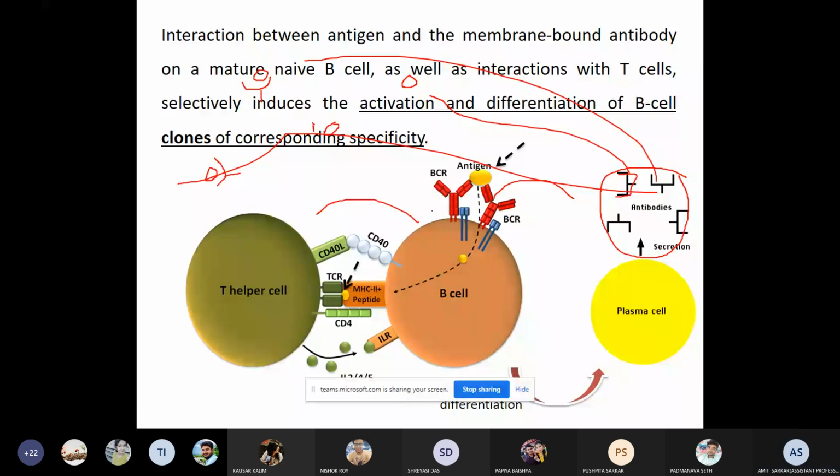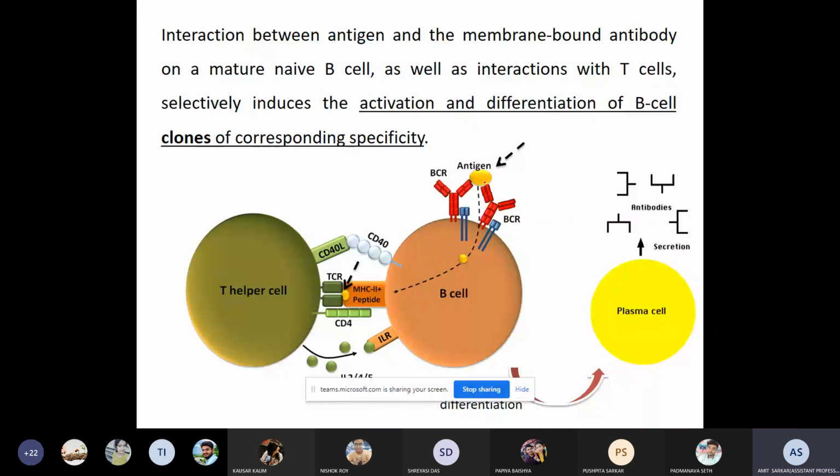Okay. So once again, what is the scheme? The B cell at first binds to a specific antigen through its membrane-bound antibody, internalizes the antigen molecule and presents some part of it to whom? To the T helper cell or T helper lymphocyte with the help of the MHC molecule.